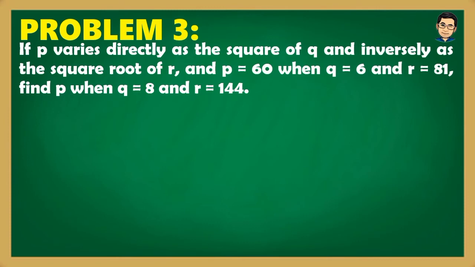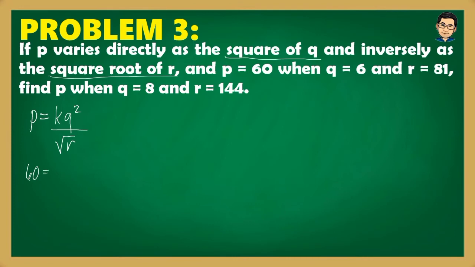So yung ating equation of variation will be p equals k, and then the square of q, that is q squared, and then inversely as the square root of r. Ayan. So, ganyan po yung kanyang equation of variation. And then, we substitute the given values. So, p is equal to 60.